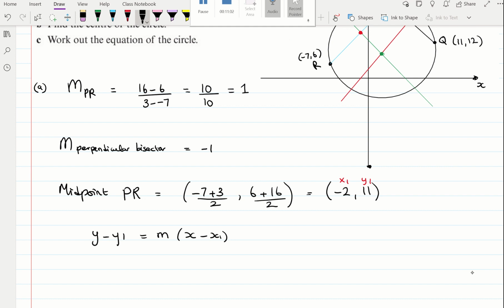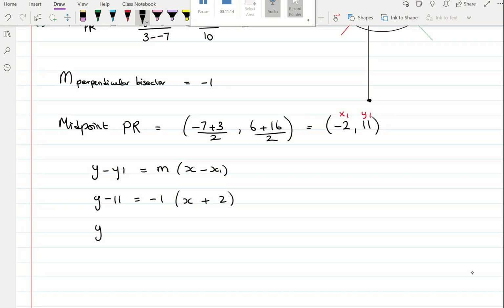So this is y minus 11 equals -1(x minus -2). And I'm just going to put plus 2 here. So y minus 11 equals -x minus 2, because I'm multiplying by the -1.